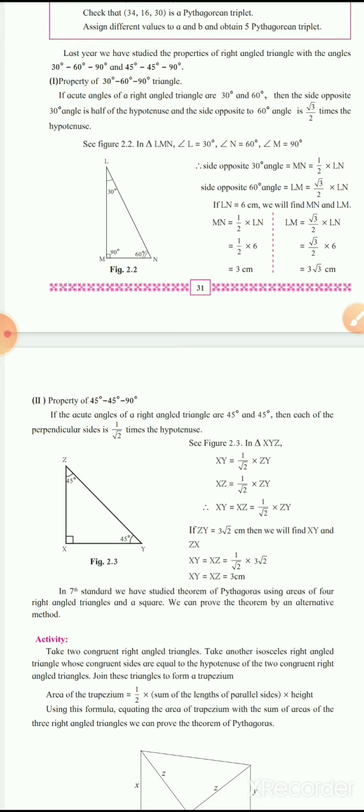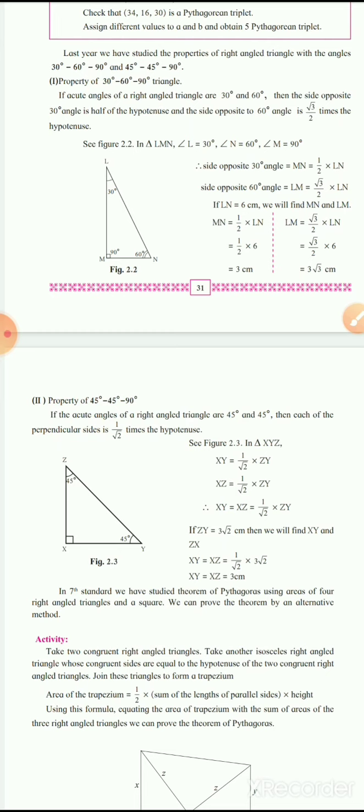In this figure, in triangle XYZ, angle Z is equal to 45 degree, angle Y is also equal to 45 degree, and angle X is equal to 90 degree. This is a 45 degree, 45 degree, 90 degree triangle.